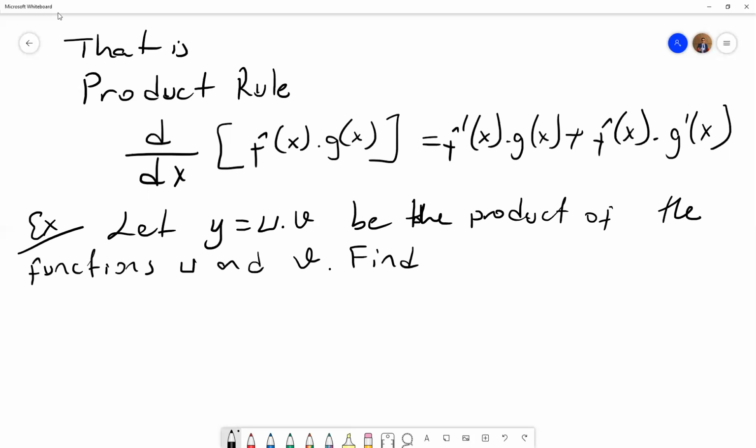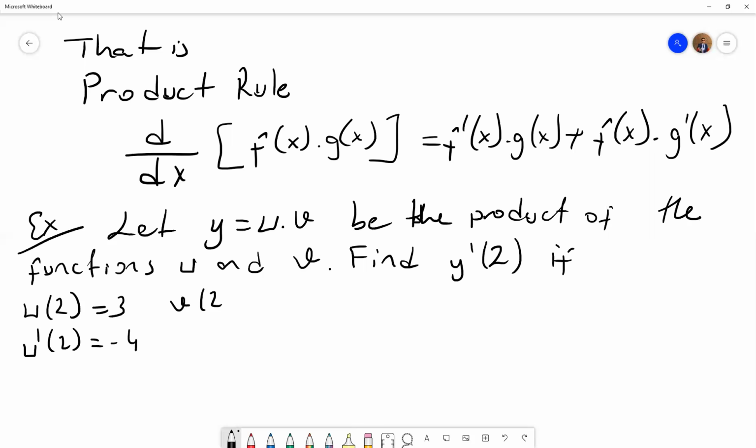Find y prime at the point 2, if we have u(2) is equal to 3, u prime 2 is equal to -4, v(2) is equal to 1, and v prime 2 is equal to 2.